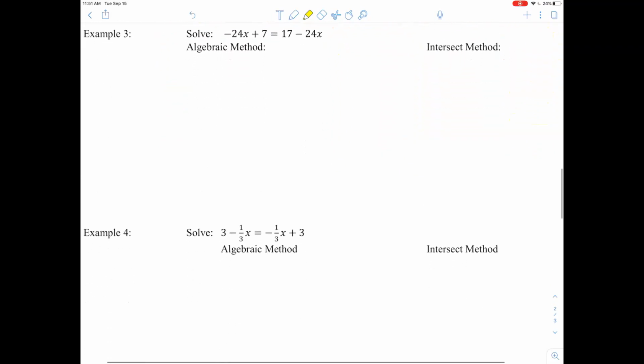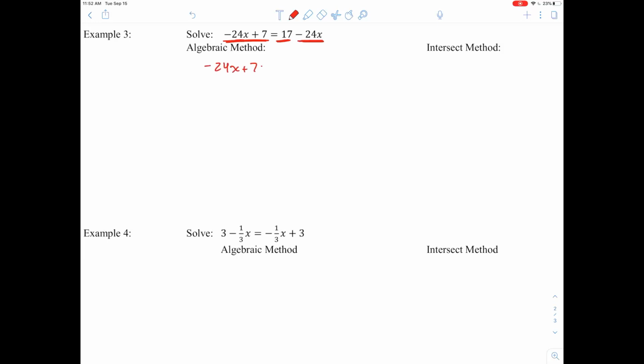Let's take a look at these two examples. Which one is inconsistent and which one is identical? Look at this equation here: negative 24x plus 7 equals negative 24x plus 17. Those are different, right? We'll go ahead and solve it.